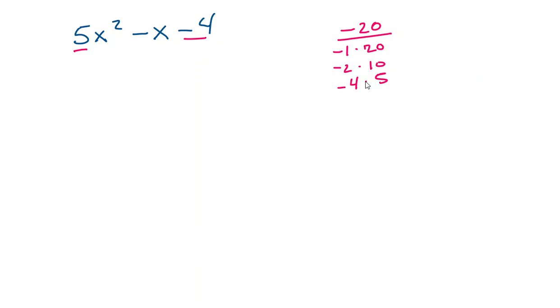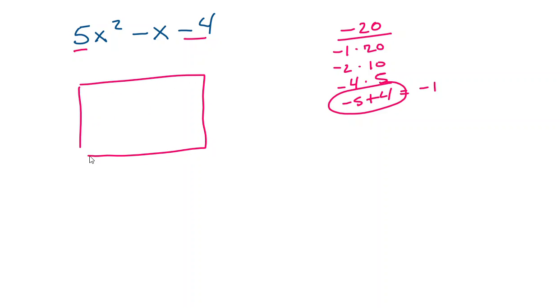Negative 4 and 5 is 1, so negative 5 times 4 would also be negative 20, and if you add those together, you get negative 1. So there's my two terms. I'll throw them into my 4 square boxes. 5x squared, negative 4, then negative 5x and positive 4x.